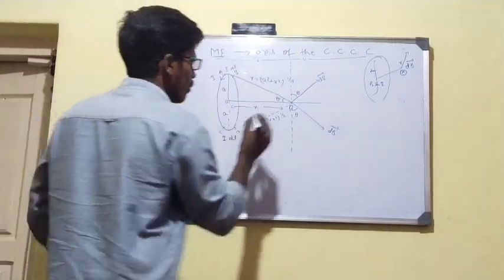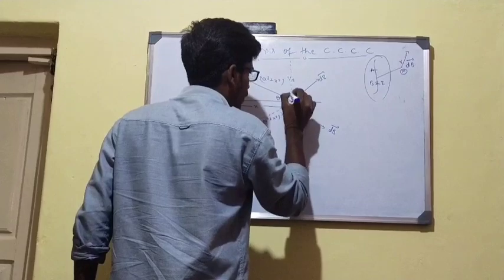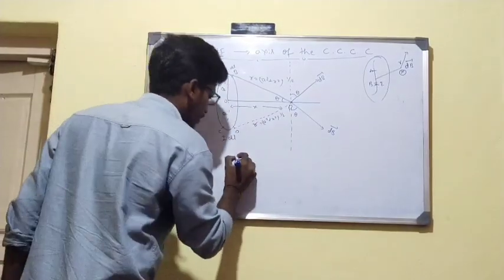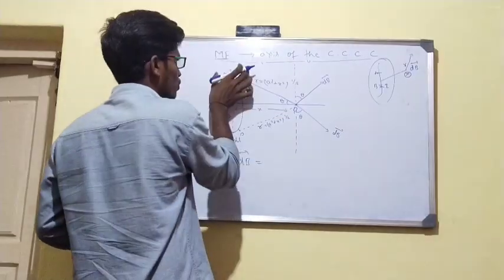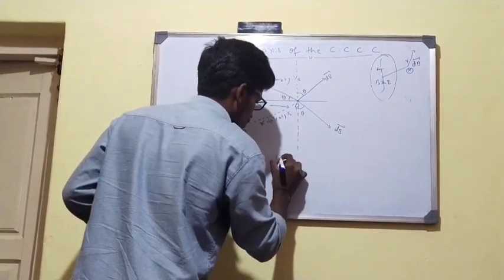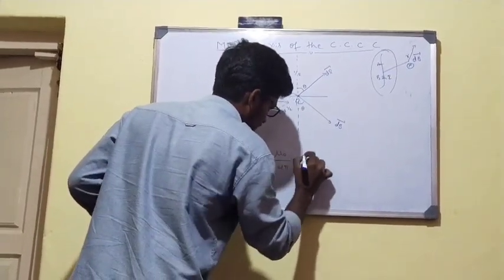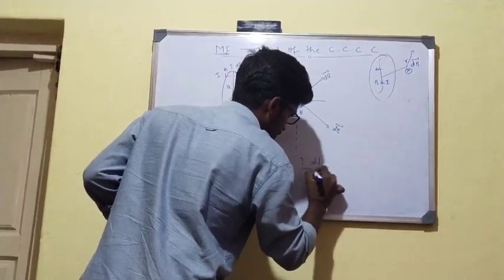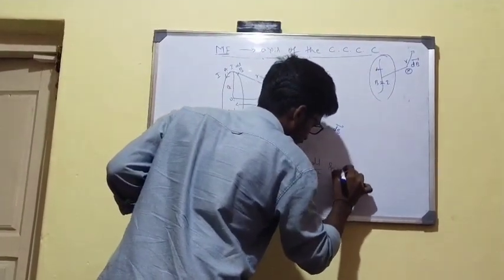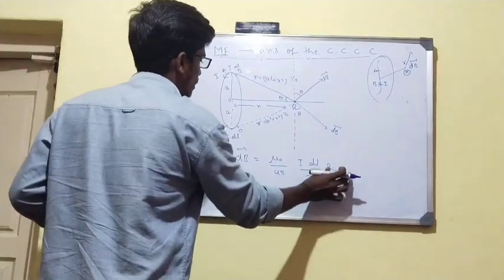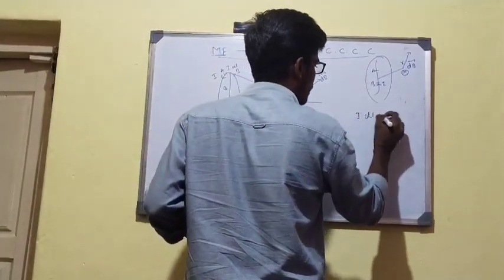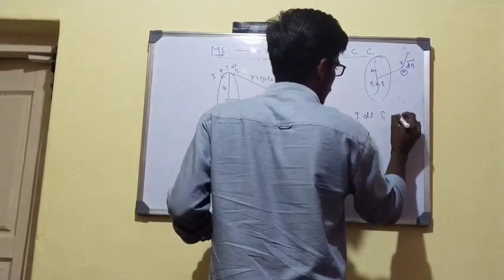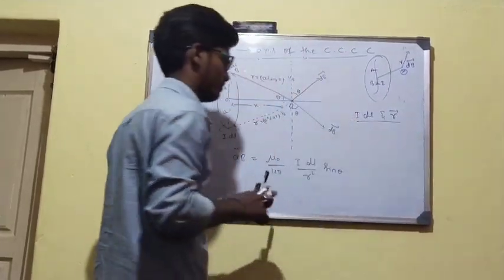Now, what is the magnetic field at this point because of this current element? According to Biot-Savart, dB is equal to mu naught divided by 4 pi, I dl divided by r square, into sin theta. What is the value of theta here? Theta is the angle between Idl and the line joining R, the position vector.